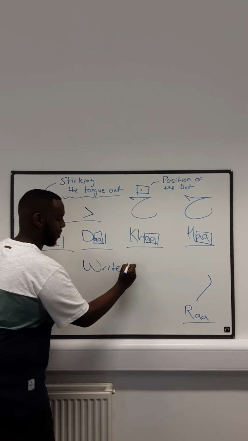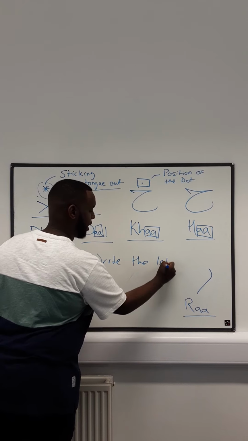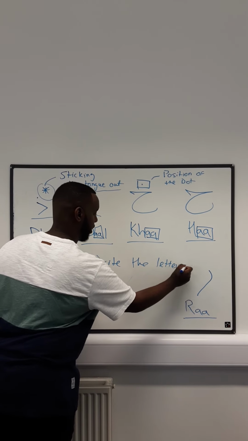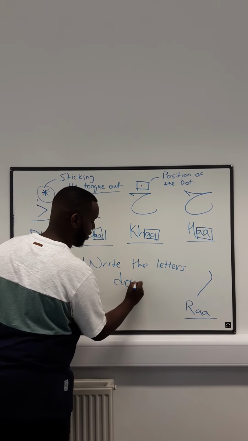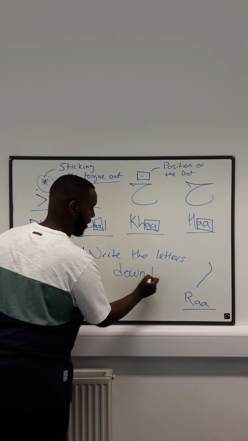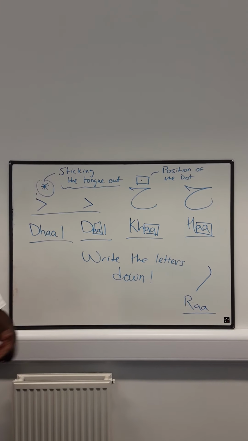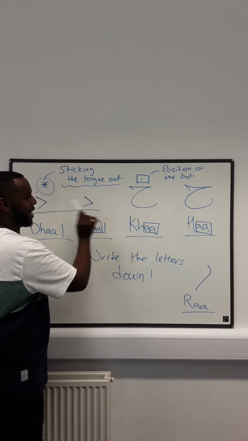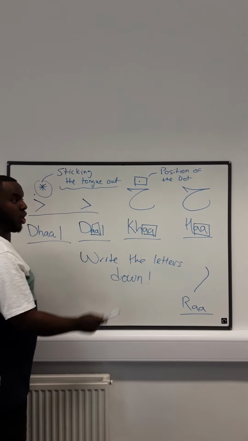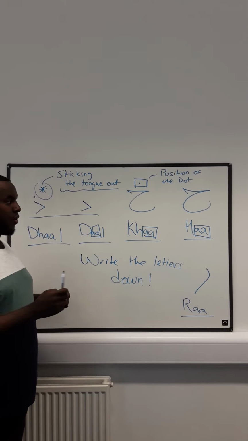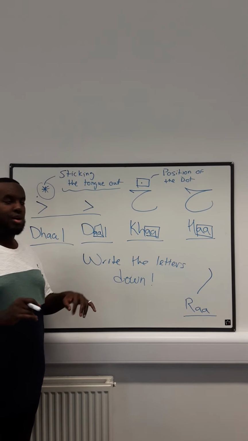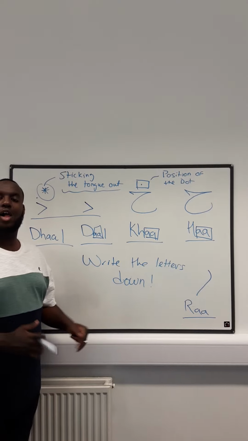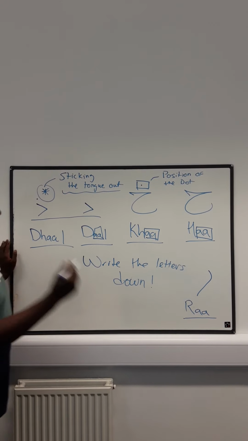Because the more you write it down, the better it's going to get. You're going to get used to these letters. Write them exactly as you see them here. And also ask your parents or family members to Google, and you can find copies of the alphabet online so that it can help you.